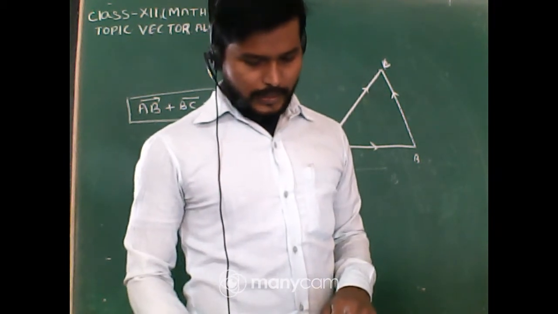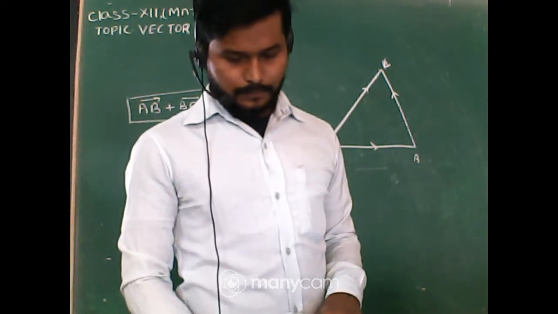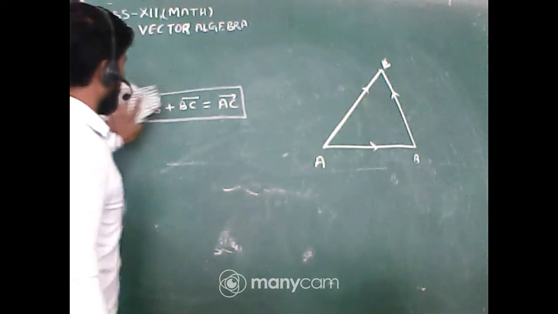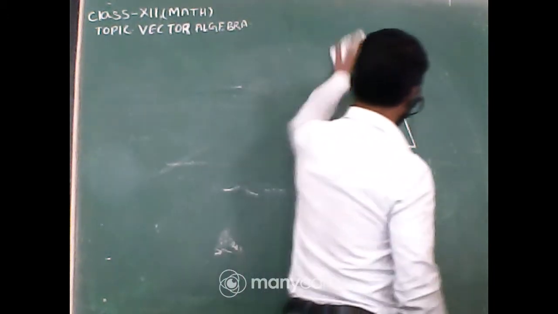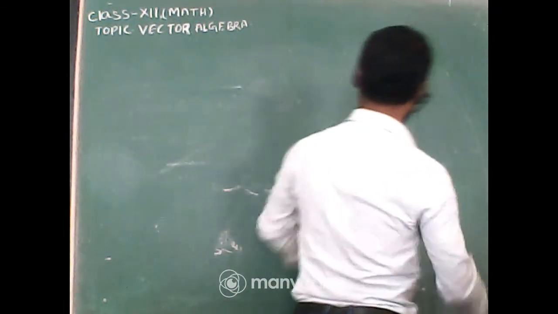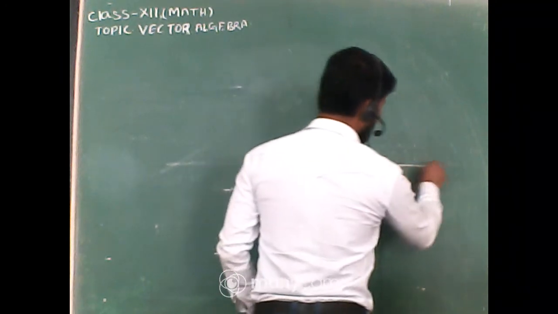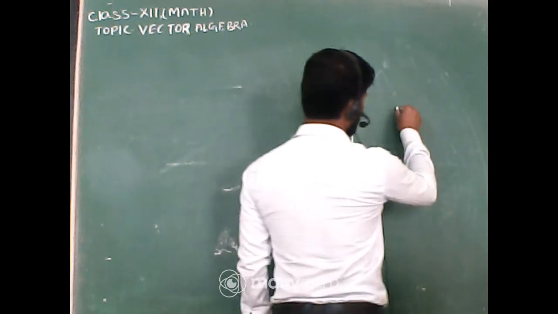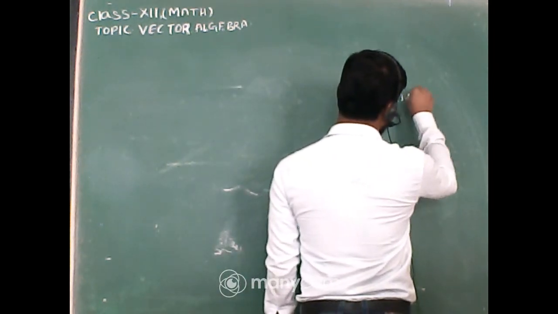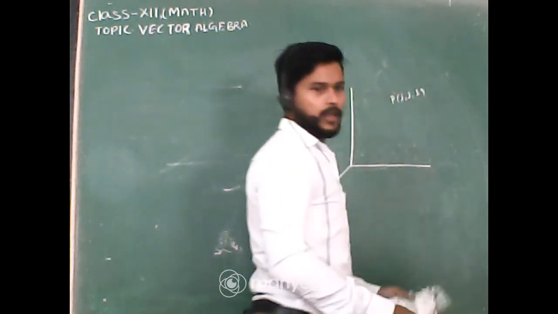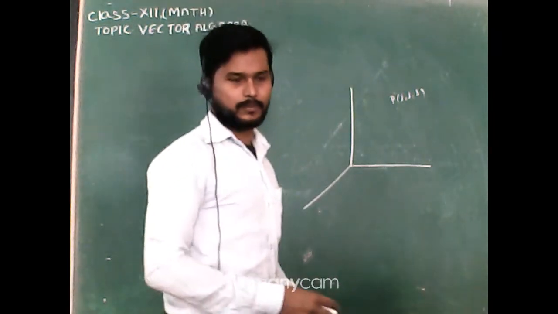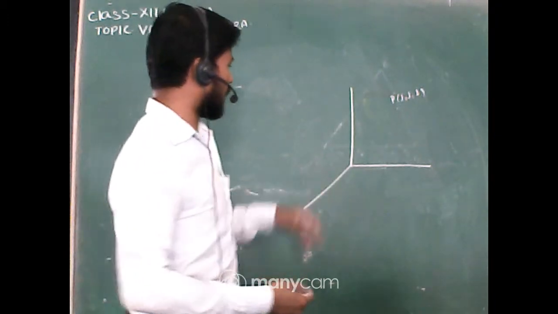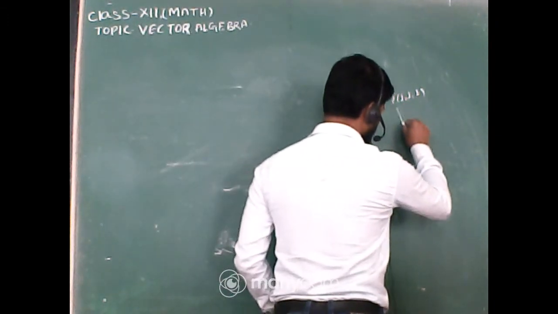The next topic is components of a vector, or the unit vectors. Let us consider a set of rectangular axes here. Now take a point P whose coordinates are 1, 1, 1. From this point we draw three perpendicular lines to the axes.